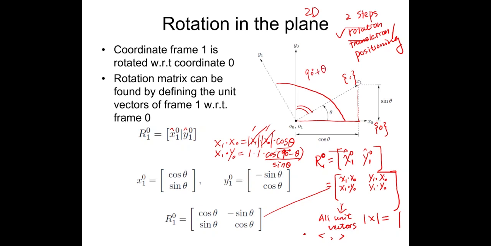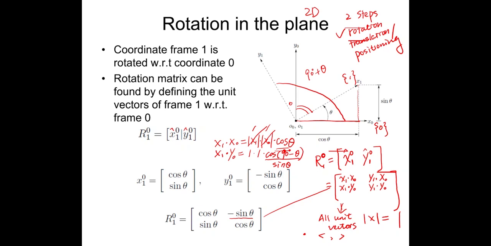So it is cosine of 90 plus theta, which is negative sine theta. And the last term is y1 dot product y0. Here I have my y0 and here I have my y1. This angle is theta, so it directly equals cosine theta.